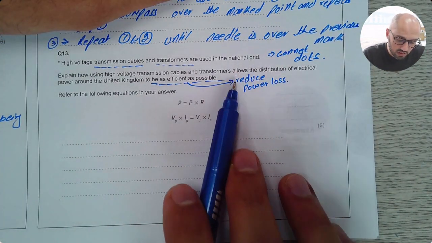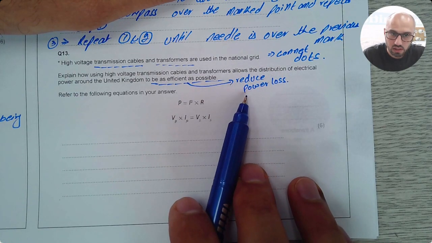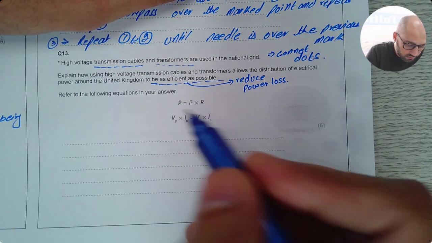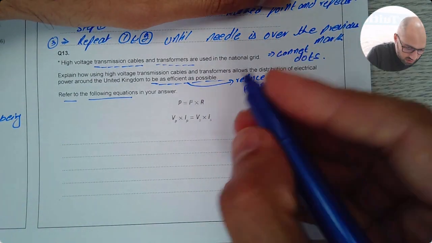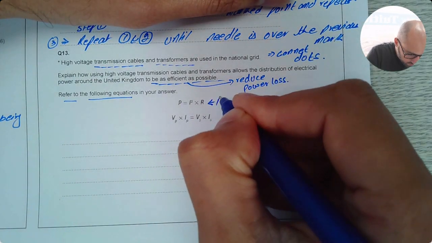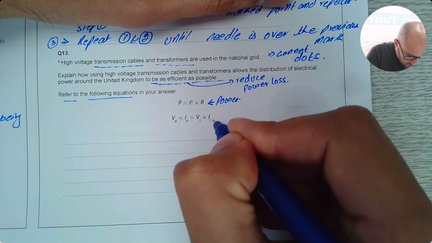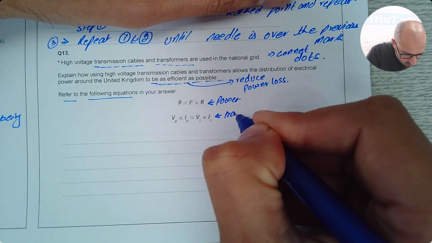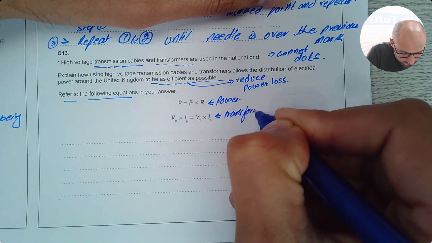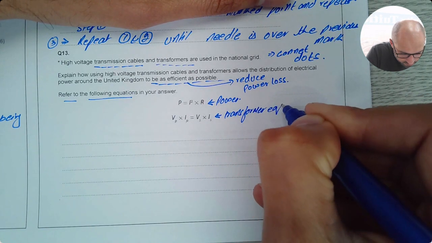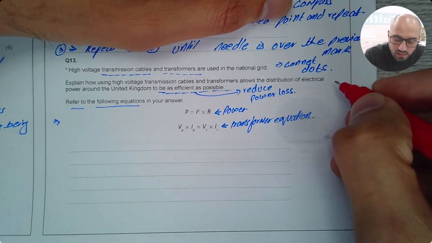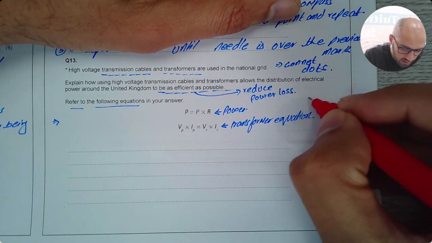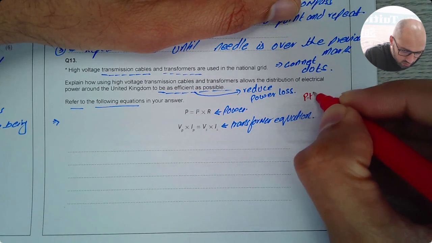While we are looking at this aspect of our answer, we have to give reference to the following equations 1 and 2. So this is my power equation and this is my transformer equation. Before I go ahead, if I quickly draw a small diagram here, this is my powerhouse.